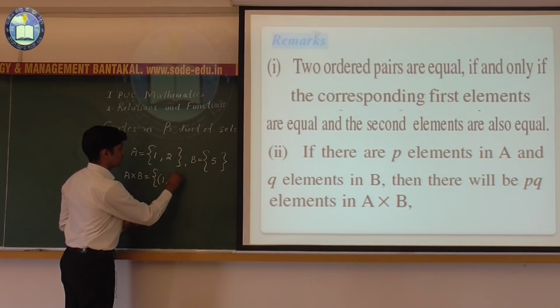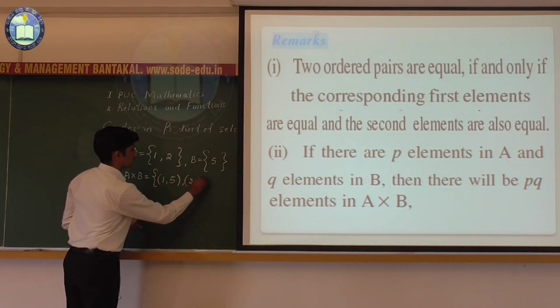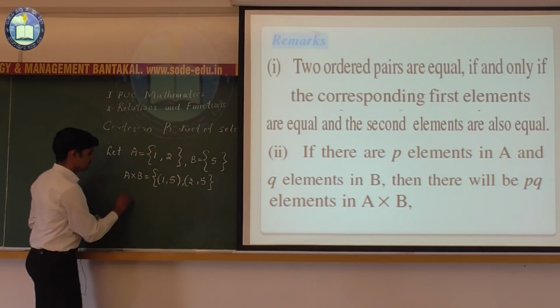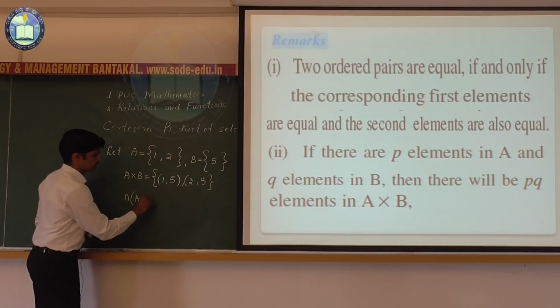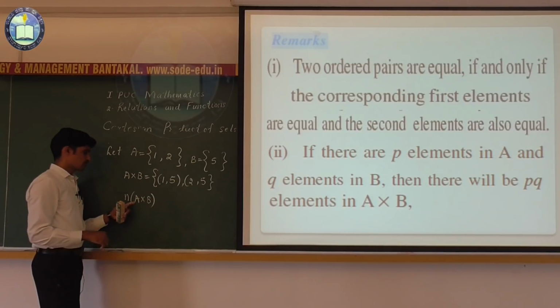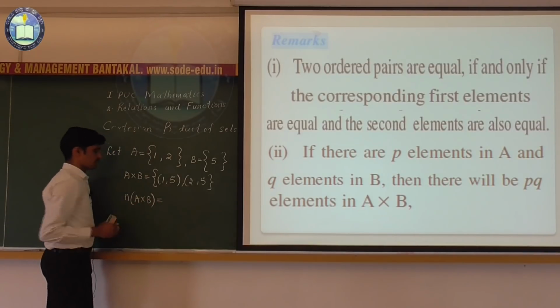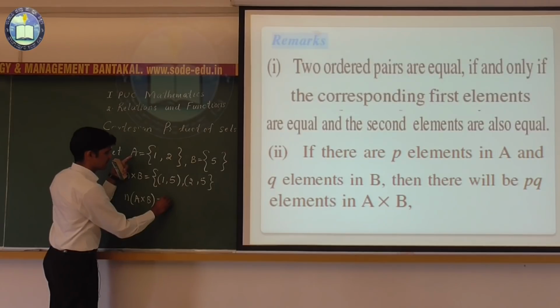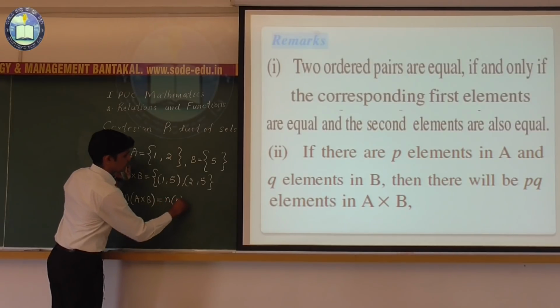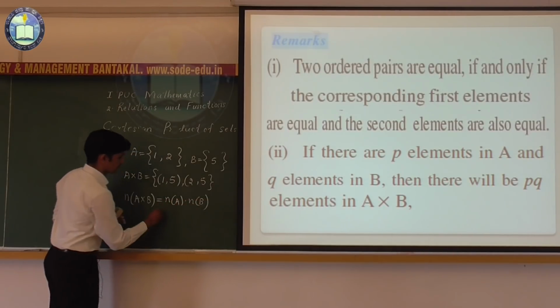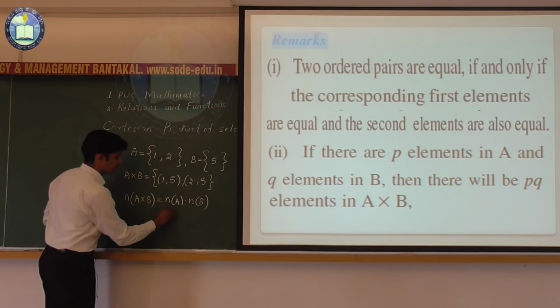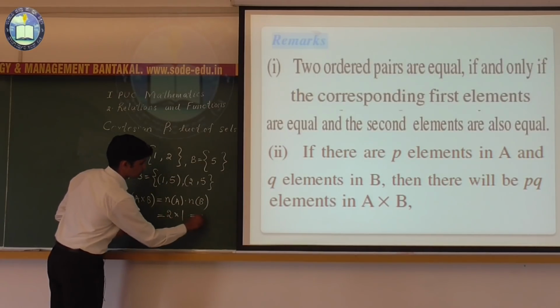That is (1, 5) and (2, 5). We can observe here that the number of elements in the Cartesian product A cross B is equal to the number of elements in set A into the number of elements in set B, which is equal to 2 into 1 is equal to 2.